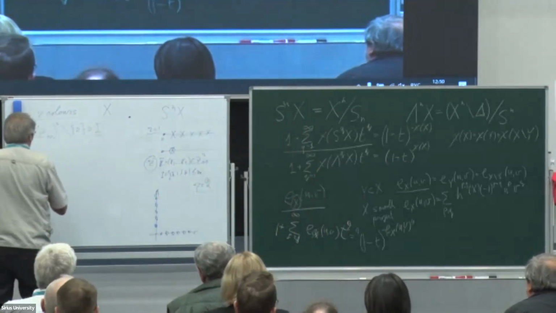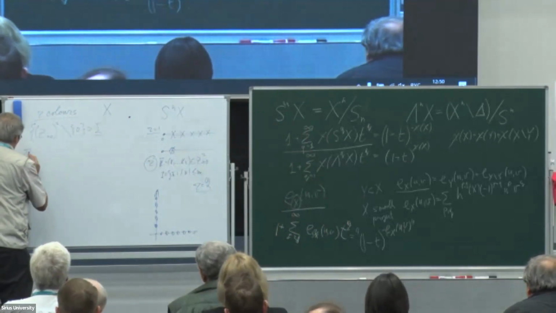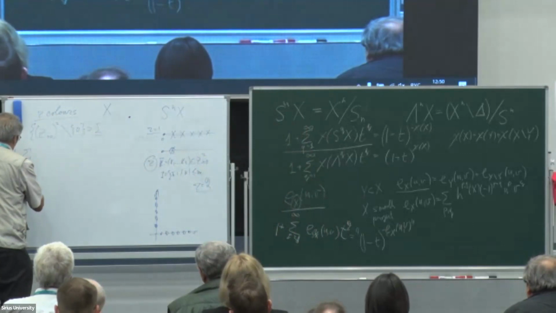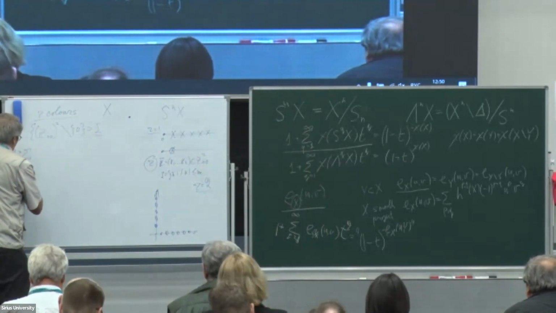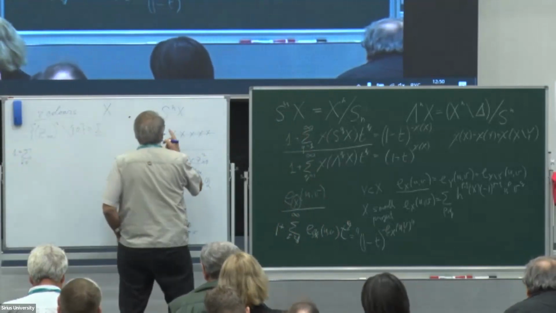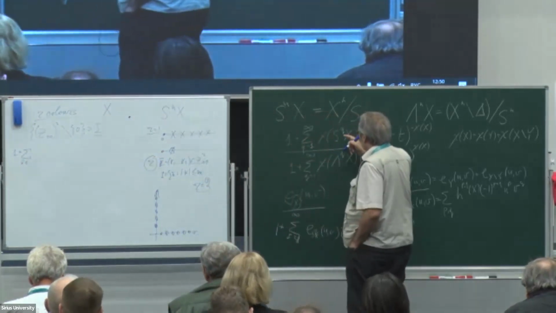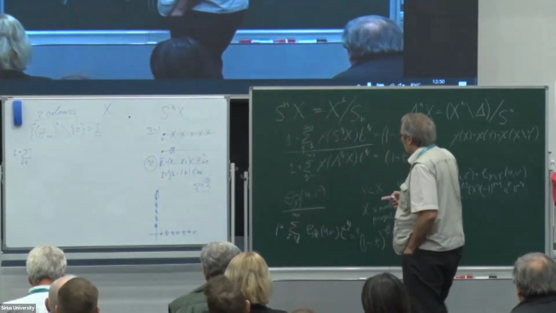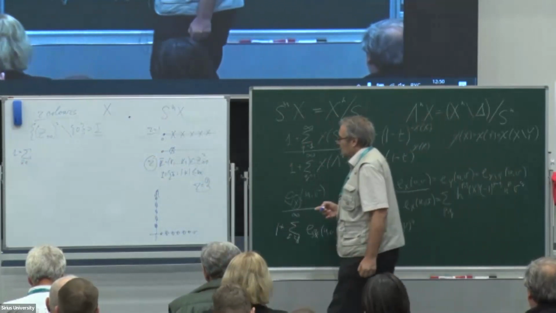The answer is the following one. I want to write the following: let it be 1 plus the sum over k in... Of course, I forgot to say that each configuration space must be numbered, like here, by the total number of points which participate here.